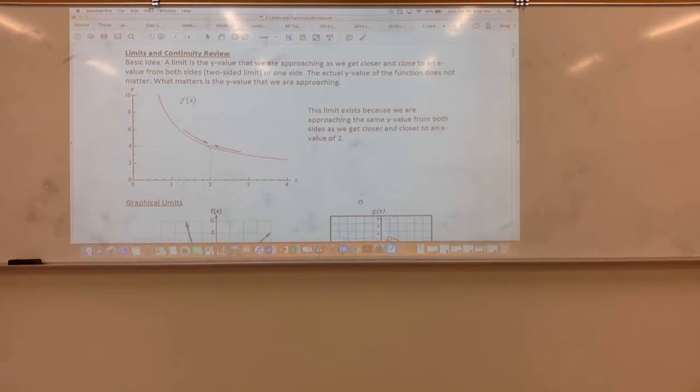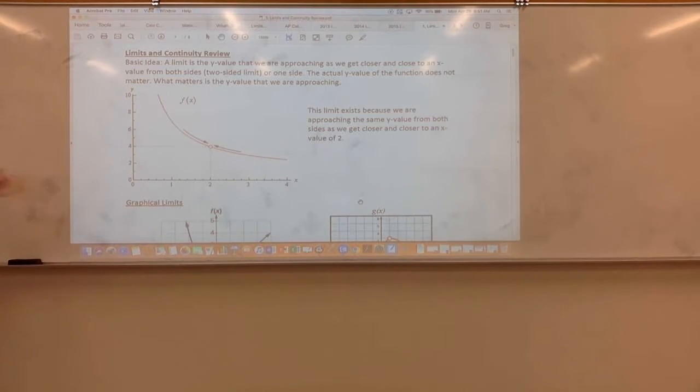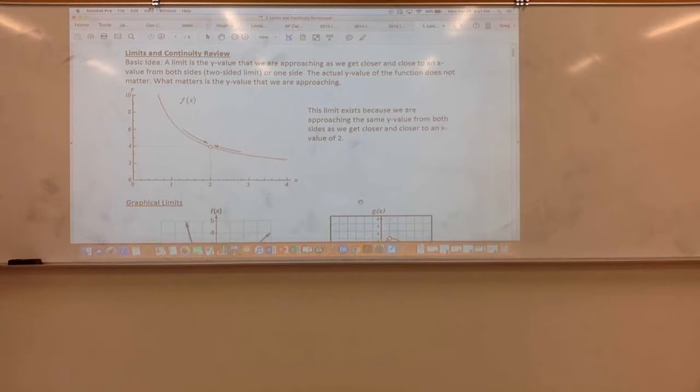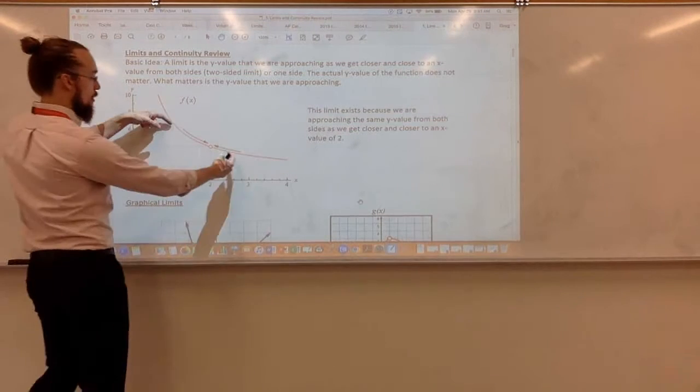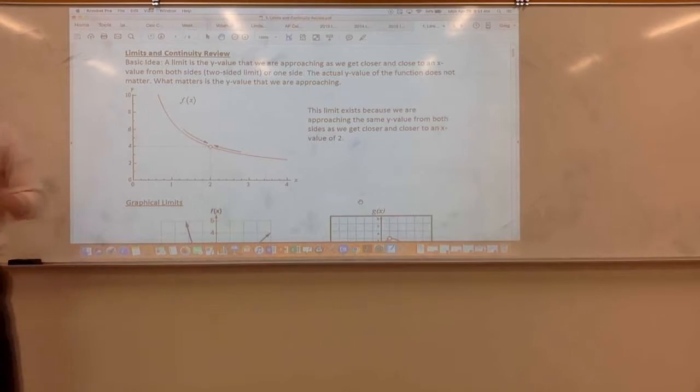Limits and continuity. The basic idea of a limit is that a limit is the y value that we are approaching as we get closer and closer to a certain x value from both sides, which is a two-sided limit, or just from one side, which we talked about as a one-sided limit. The actual y value doesn't matter. All that matters is the y value that we are approaching. For example, in this picture, the limit as we get closer and closer to an x value of 2 does exist.